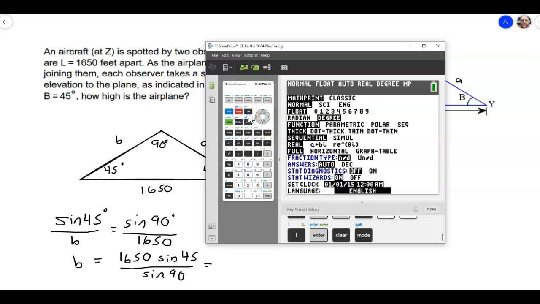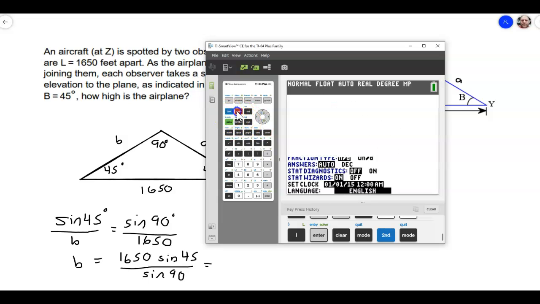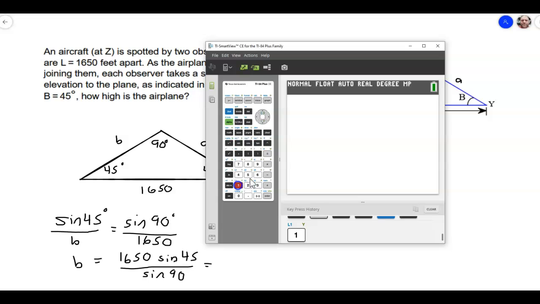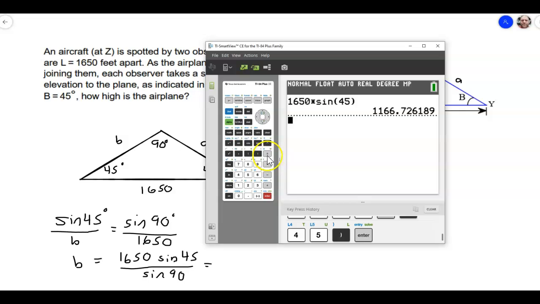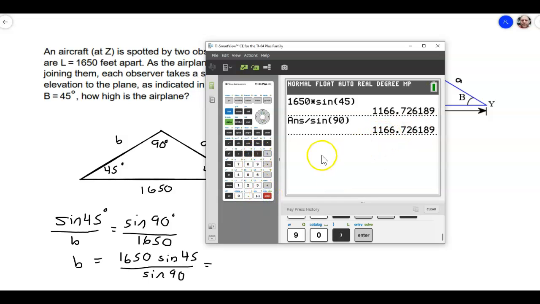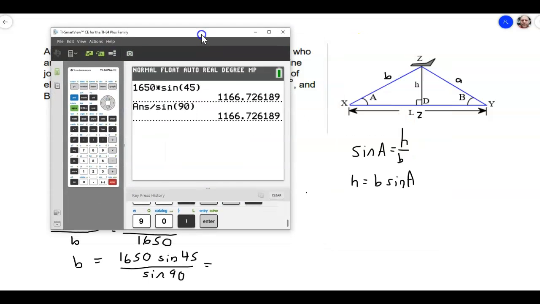Make sure we're in degrees. We are. So that's going to be 1650 times the sine of 45, divided by the sine of 90, which we already know is just 1, but I'll put it in there just to make sure. So it's about this amount here, but I'm going to go ahead and keep that in my calculator.